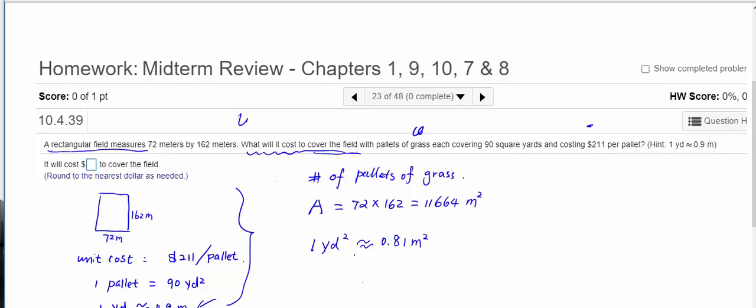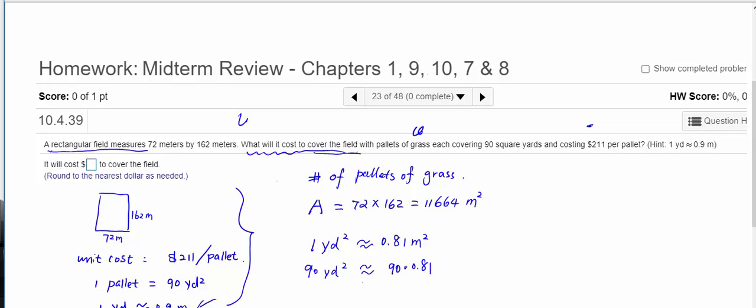meters. So if 1 square yard is approximately 0.81 square meters, then 90 square yards will be approximately equal to 90 of these 0.81 square meters.